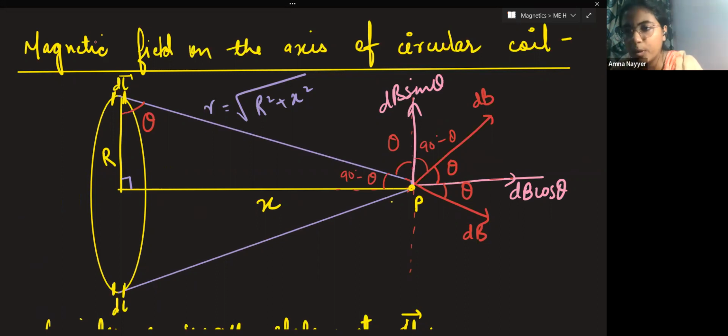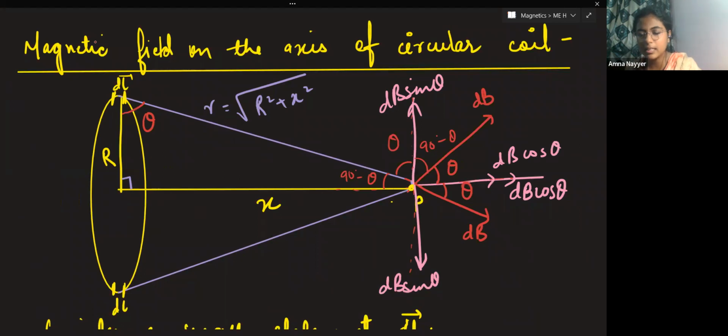Fine. Now the other component that is coming here, this dB, is also making angle theta with the x-axis. So what will happen over here? If you resolve this, this will again be dB cos theta, and the perpendicular one to this becomes dB sine theta.